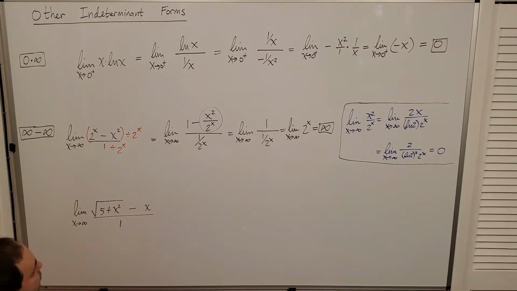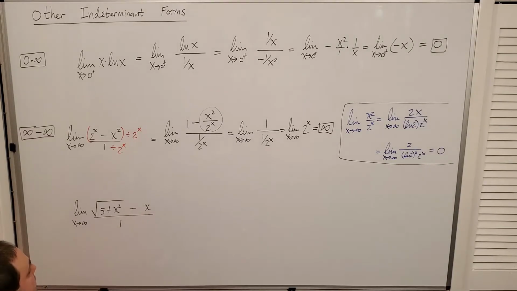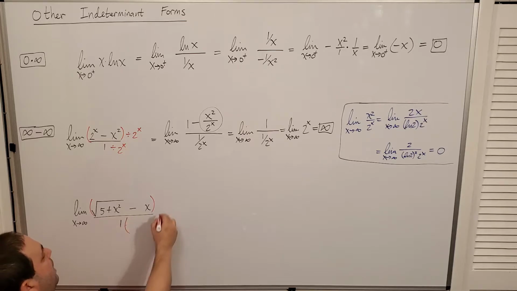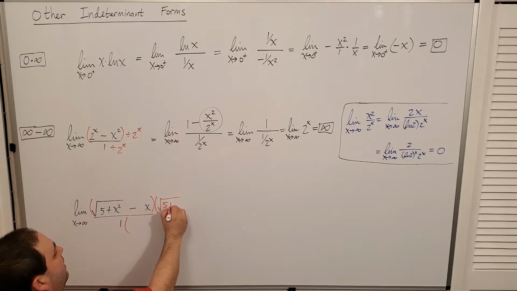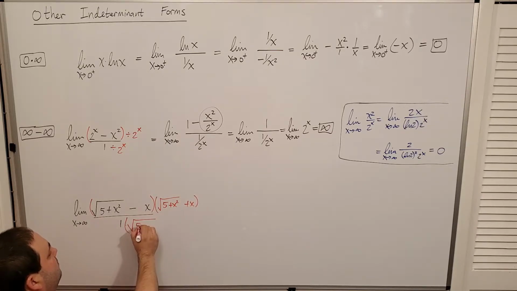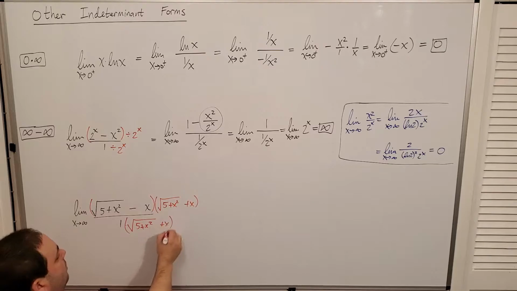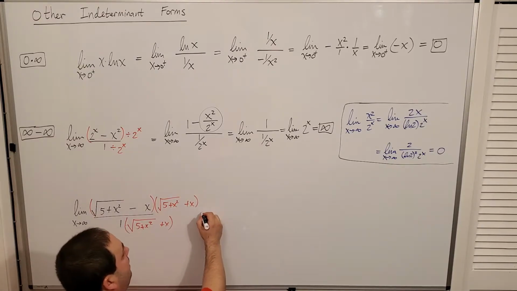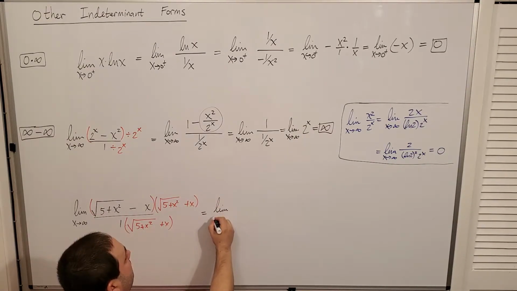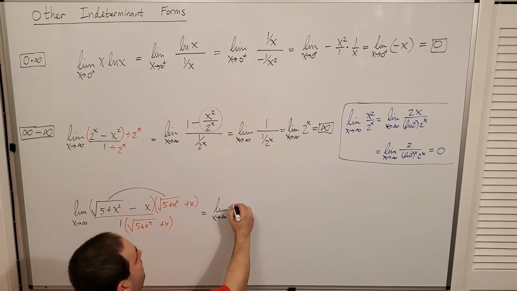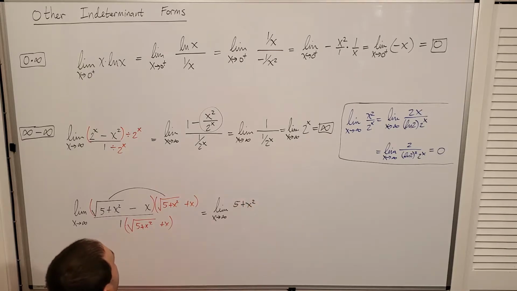And what I'm going to do is I'm just going to multiply the conjugate. So I'm going to multiply both the top and the bottom by the square root of 5 plus x squared plus x. Like so. In which case, I'm going to get in the numerator, I'll have the limit as x goes to infinity still. But in the numerator, these two multiplied give me 5 plus x squared.